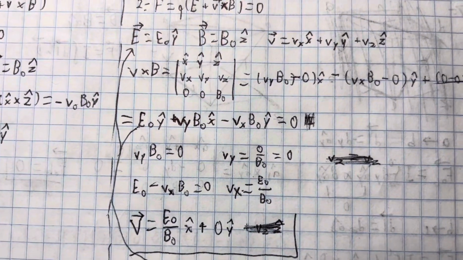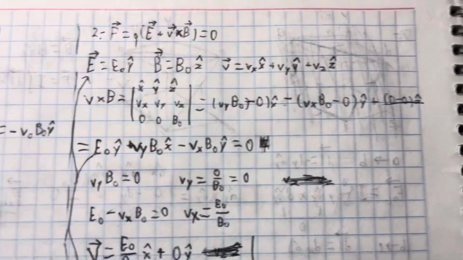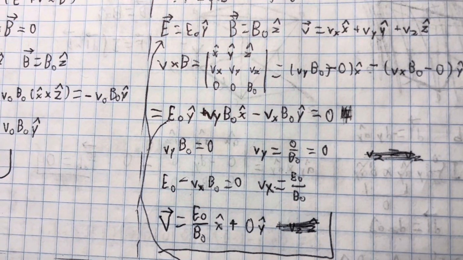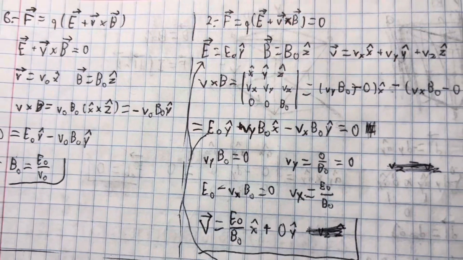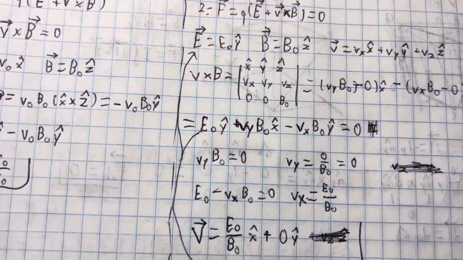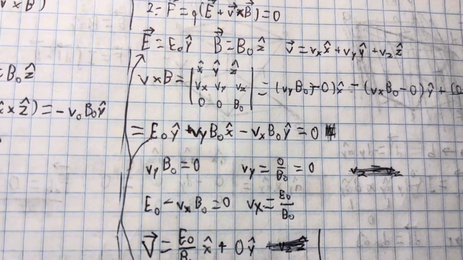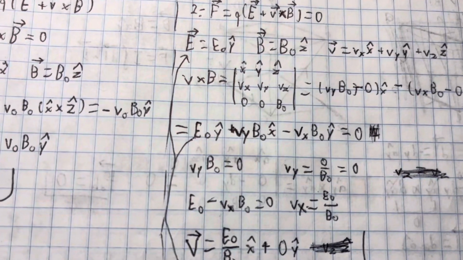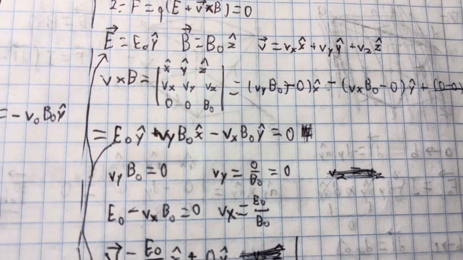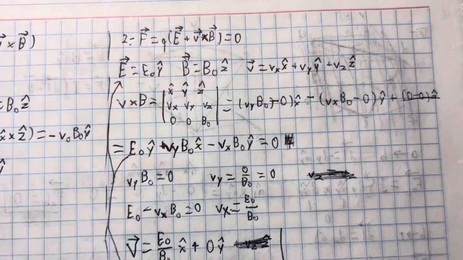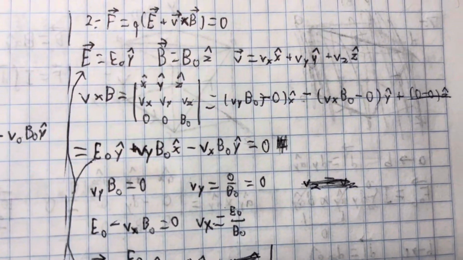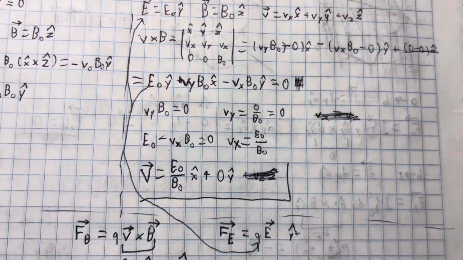After performing the cross product and setting it equal, we get that the electric field is in the y vector. The velocity in y times the magnetic field is in the x vector, and the negative of the velocity in x times the magnetic field is in the y vector, and all that is equal to 0, of course.